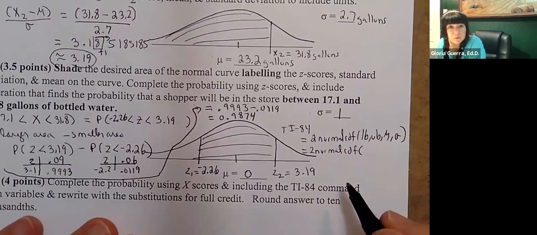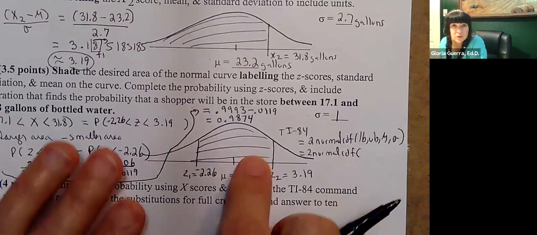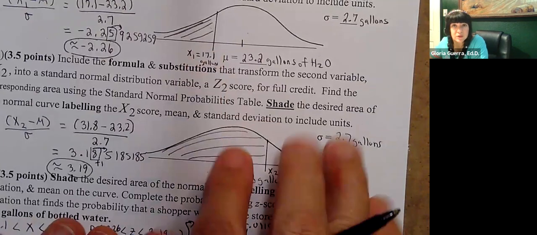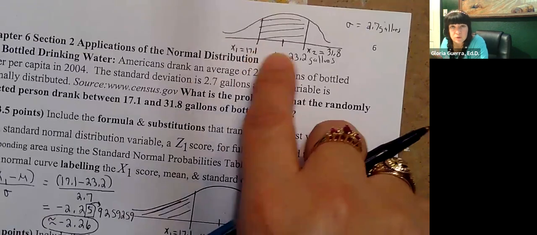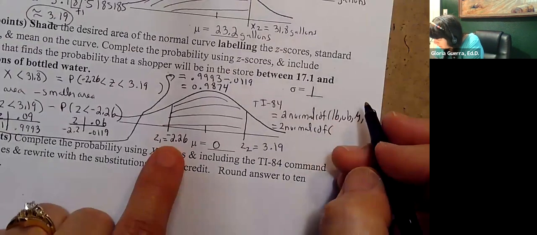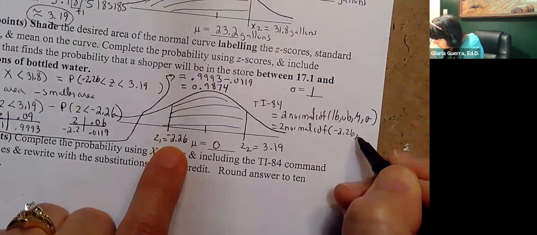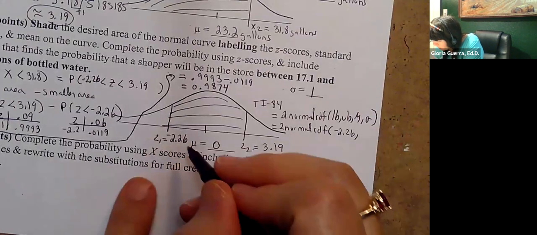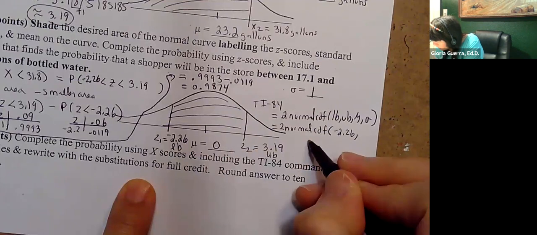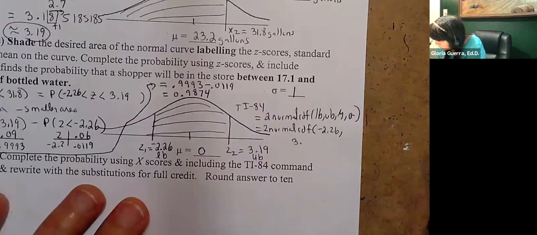The lower bound is going to be, okay, here we go. Don't look at these because these are not transformed. You need to go to the one that's been transformed, and it's negative 2.26. This is lower bound. This is upper bound. So then it's a 3. I just don't have enough room.